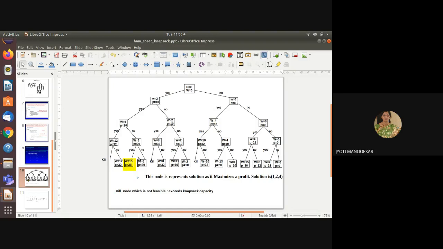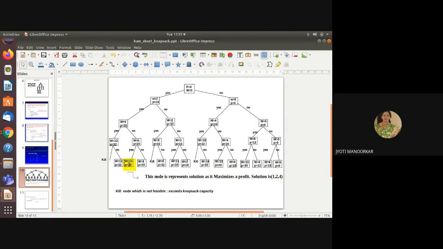Just tell me how you are going to decide whether an element can be included and the weight can be updated, depending on the remaining capacity of the knapsack. You can check the weight of the current element under process against the remaining capacity of the knapsack.